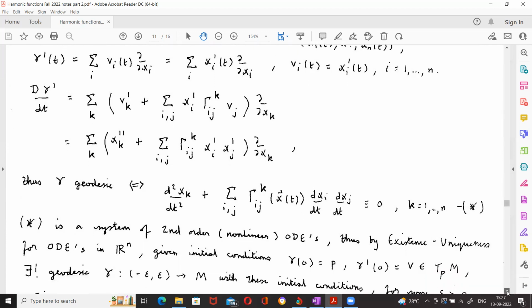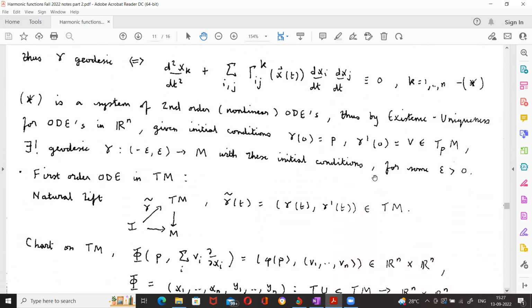So that means given any initial point P and a tangent vector V at the point P, there exists a unique geodesic gamma from some interval (-epsilon, epsilon) to M with these initial conditions.